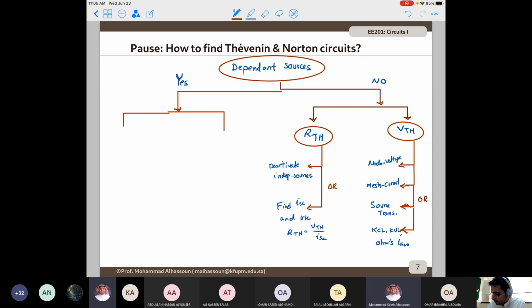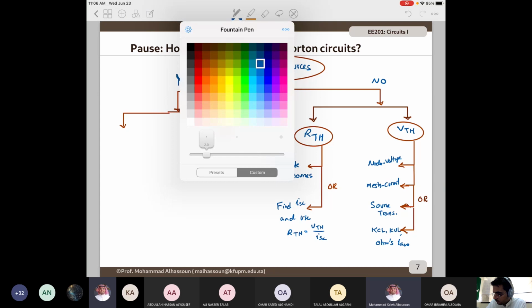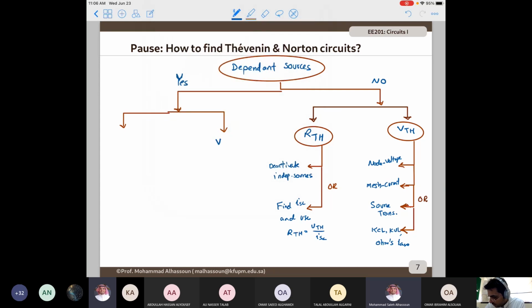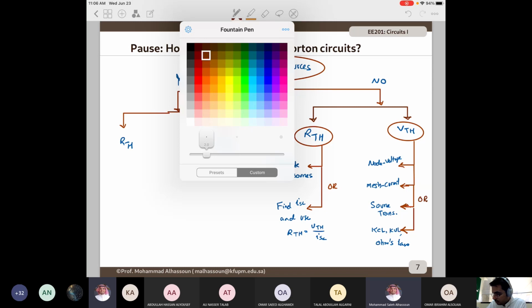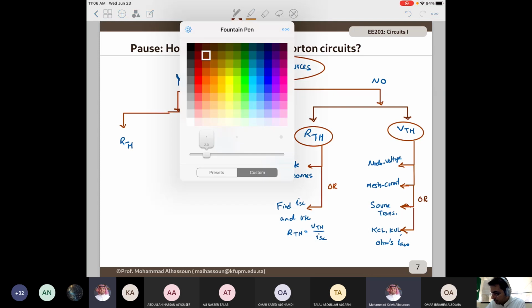Again, for the Thevenin voltage, we're going to use exactly the same techniques as in the previous case.